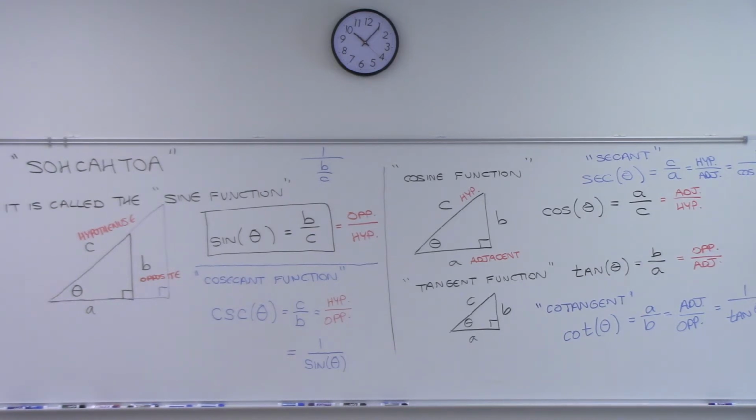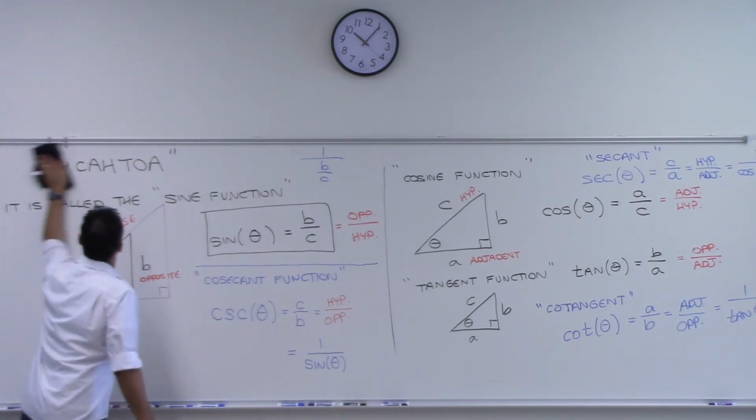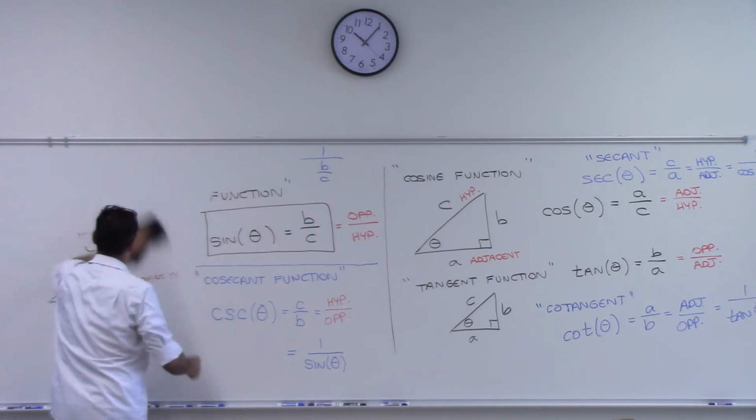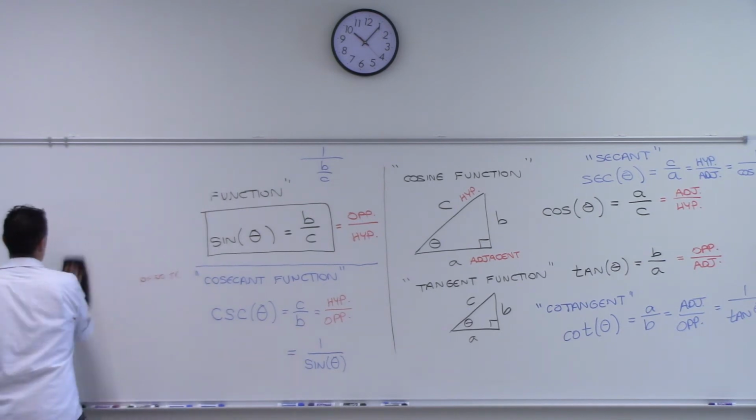And now what I'd like to do is give you a triangle, and I want to know what the value of all 6 trig functions are for this particular triangle I'm going to draw. SOHCAHTOA.